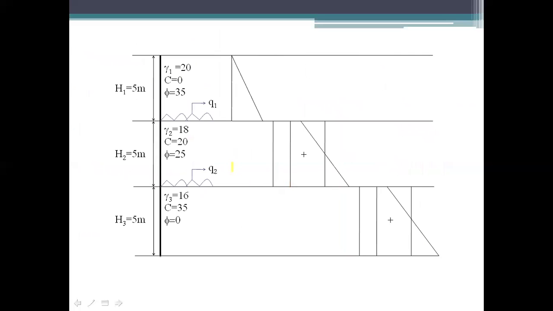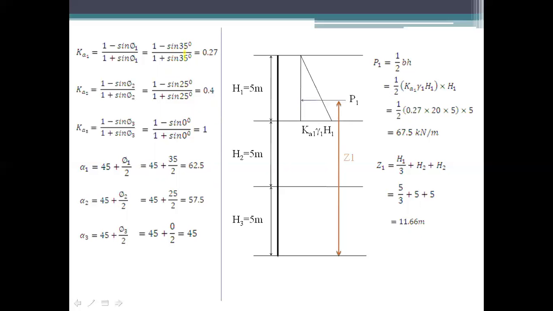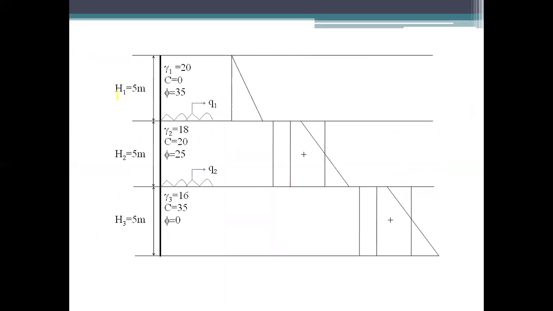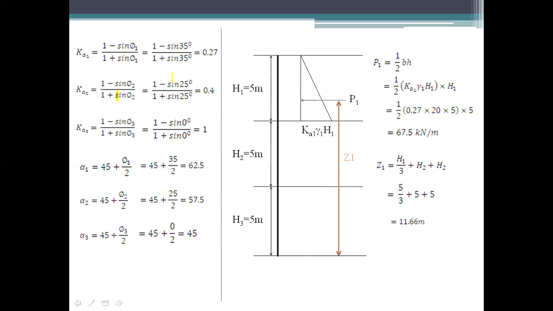So 1 minus sine 35 degree upon 1 plus sine 35 degree, which comes to 0.27. Ka2 for layer 2 is 1 minus sine phi 2 upon 1 plus sine phi 2, where phi 2 is 25 degrees. So 1 minus sine 25 degree upon 1 plus sine 25 degree, which comes to 0.4.